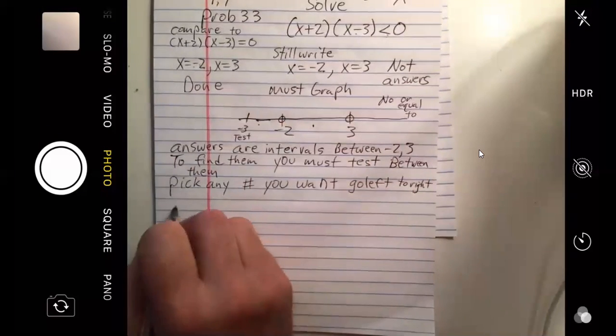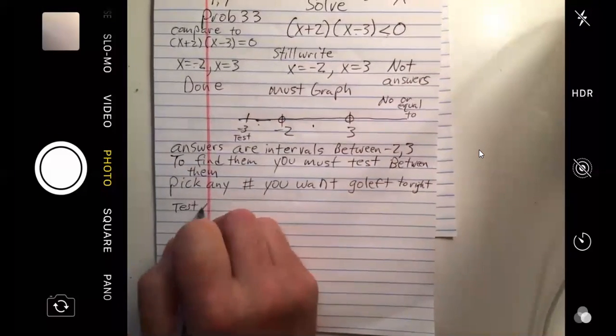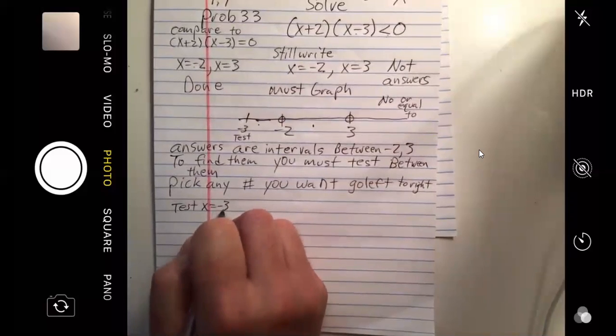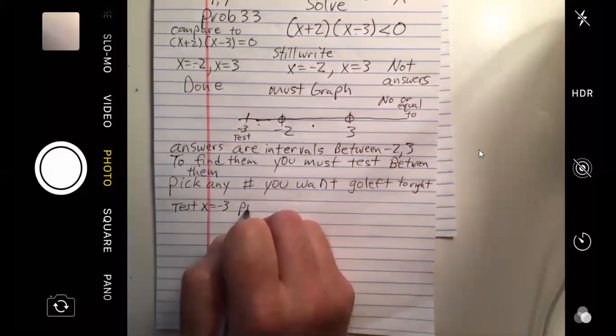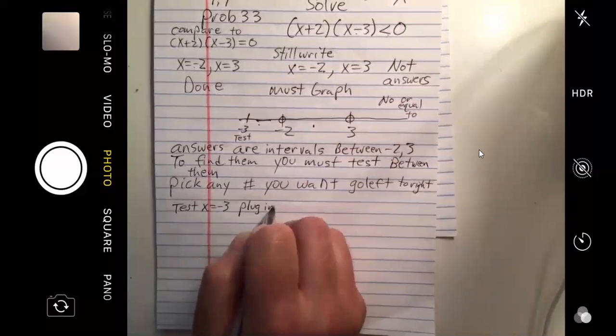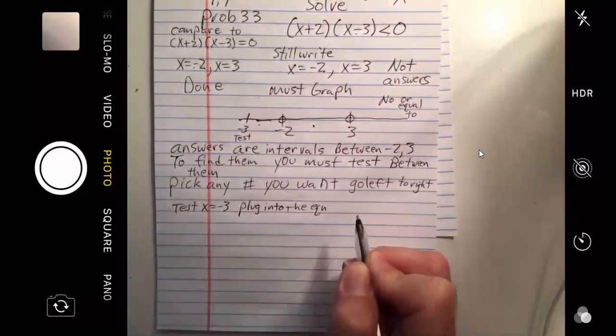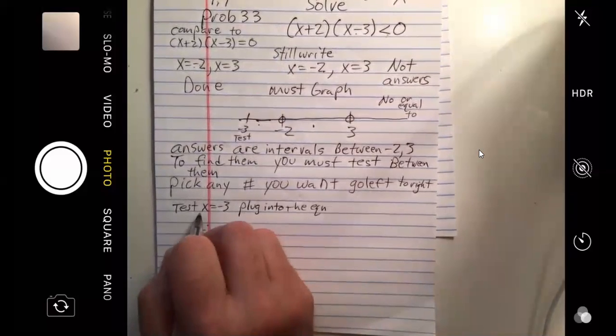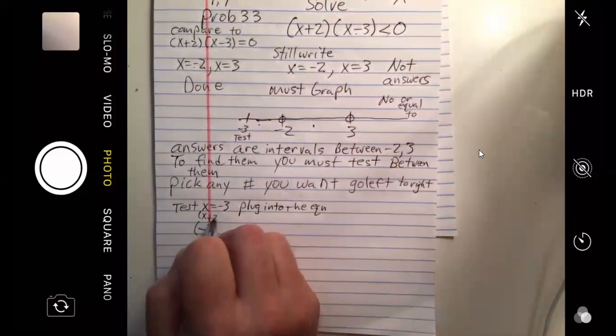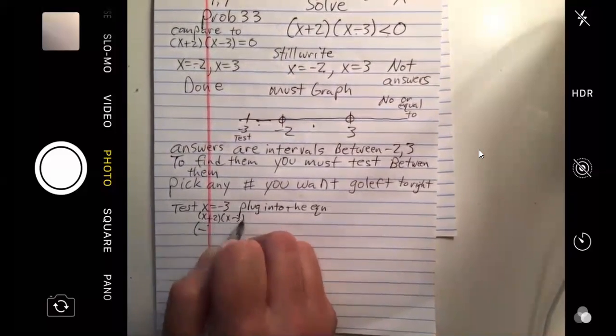So I come down here and I test -3, and I plug it into the equation: x plus 2, x minus 3, less than 0.